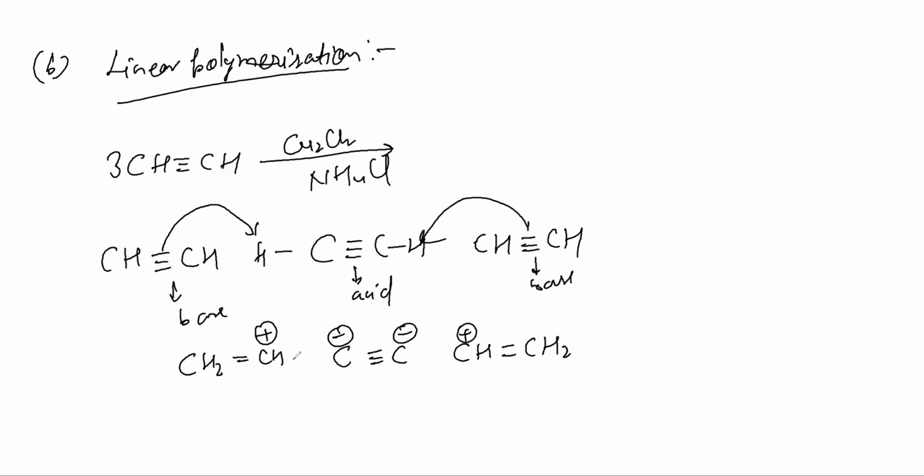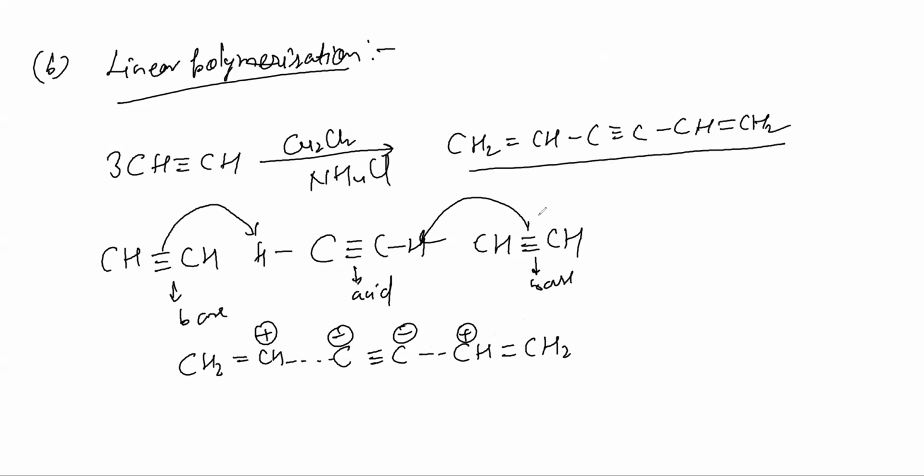I hope it is clear. Now this plus and minus get joined. So ultimately you get this. Are you getting this? One molecule acts as acid and two act as base. This is linear polymerization.